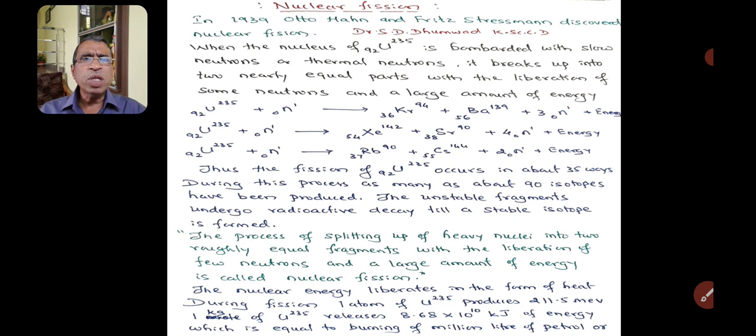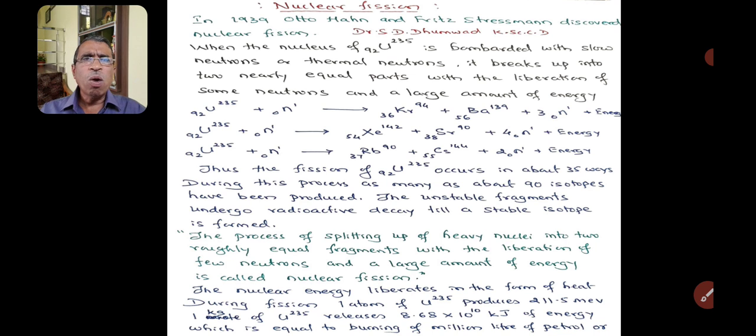Sometimes uranium-235 breaks into xenon and strontium, giving 4 neutrons. In some cases, it may give even rubidium and cesium, giving 2 neutrons. Among all three, the first one is generally the predominant one.